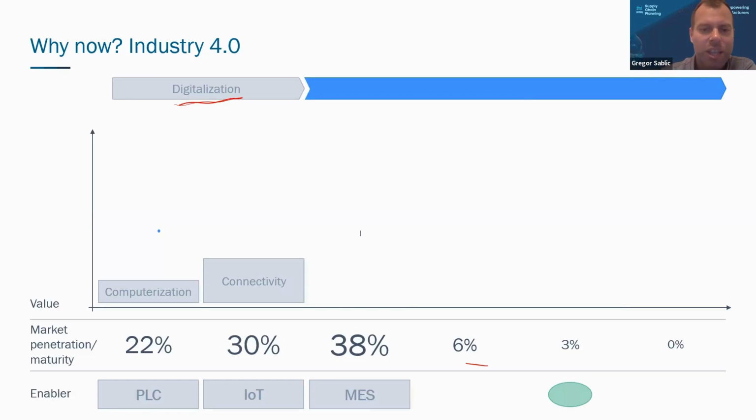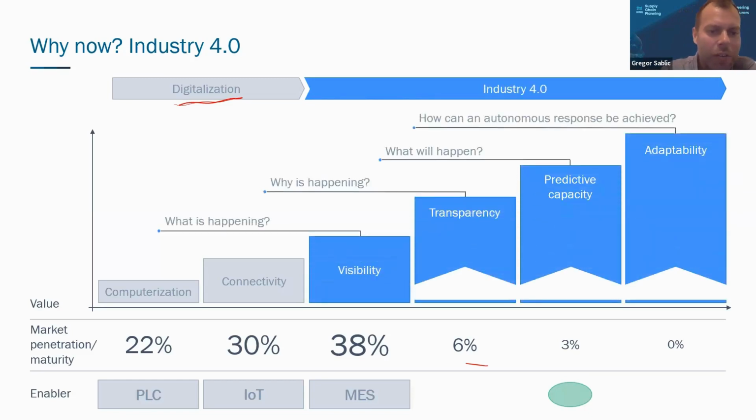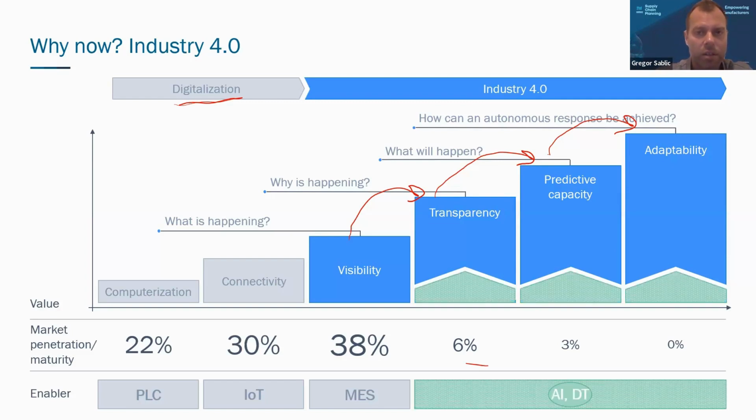So they somehow cover visibility, so what is happening, but to go beyond that, to understand why something is happening, to also have the ability to predict what will happen in the future, as well as to adapt to certain autonomous responses, autonomous events in the production area. This is actually where digital twins as well as AI are helping us. But at the end, these technologies have not yet penetrated the market, even though they exist.